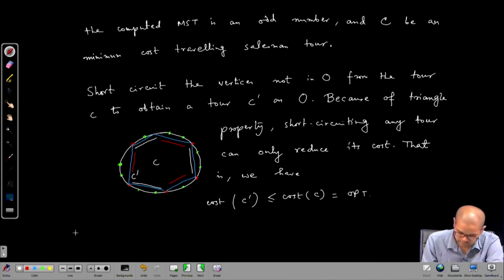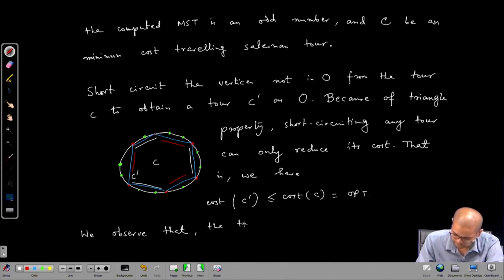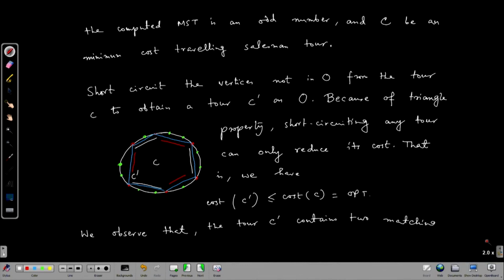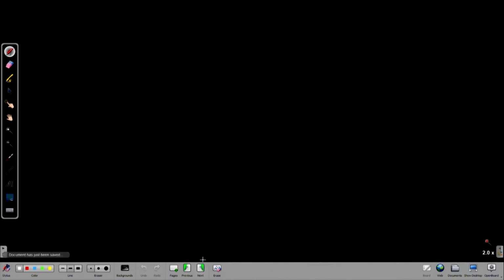So, we observe that the tour C prime contains two matchings on O, and we have added a min cost matching on O.